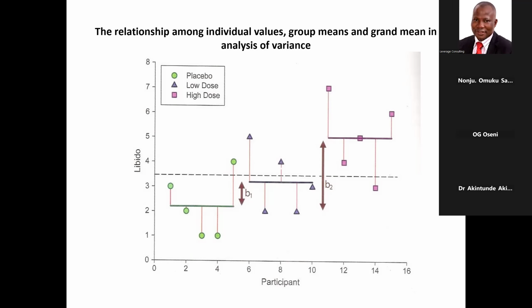In other cases, you may find a difference between placebo and low dose, between placebo and high dose, and between low dose and high dose. You can find the difference in all three. But in this one, the difference lies between the placebo and high dose.